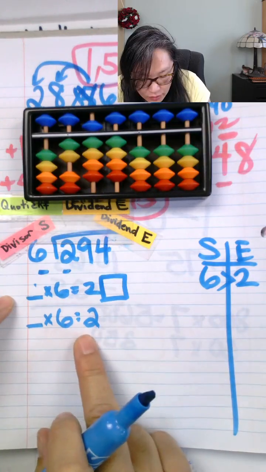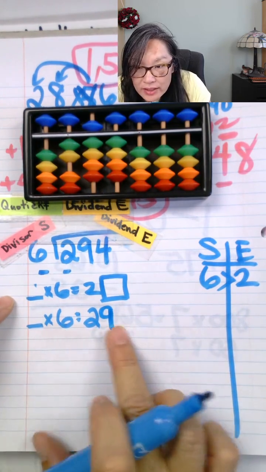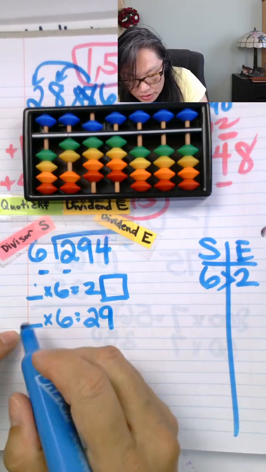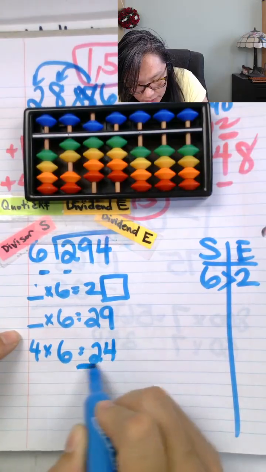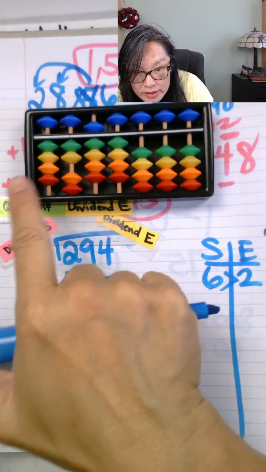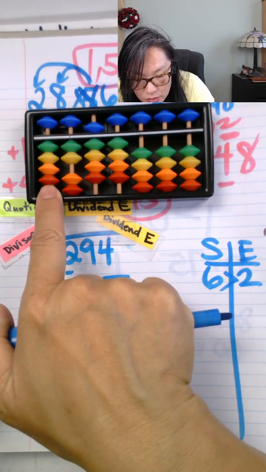No, it's not 4, right? It's 29. We want to write down 29 first. Now we know it's going to be 4, right? So we know 4 times 6 is equal to 24. We add our 4, which is our quotient.